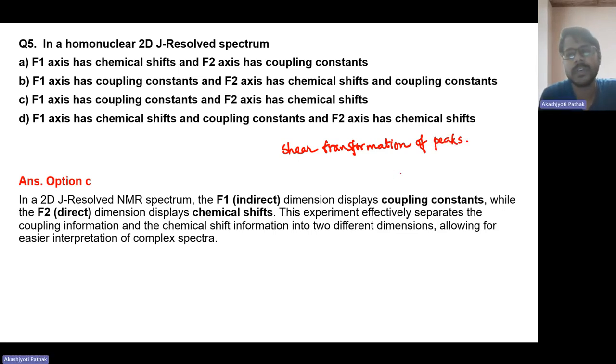So the shear transformation, what does it result in? We were getting both the chemical shift and scalar coupling on this axis, right? And then the shear transformation, what will this allow us?